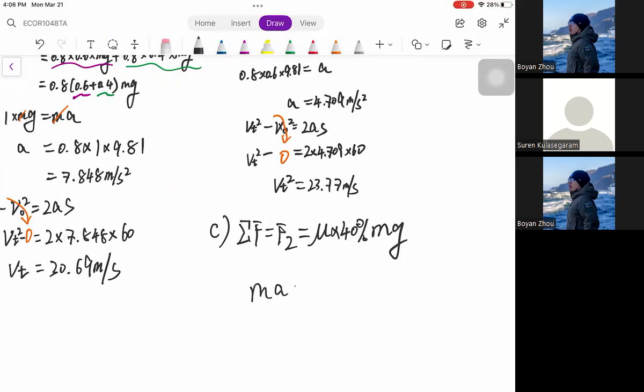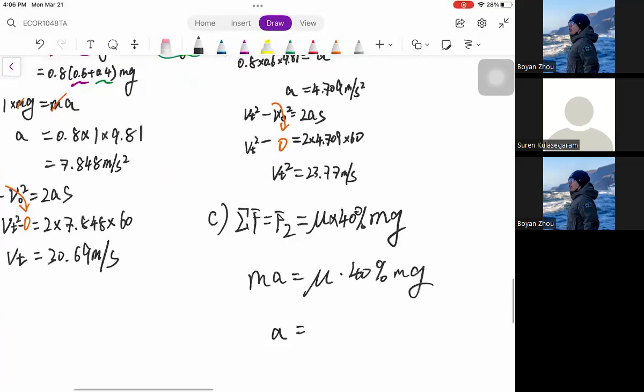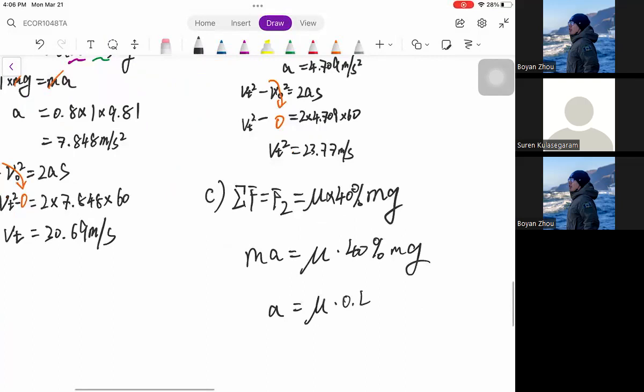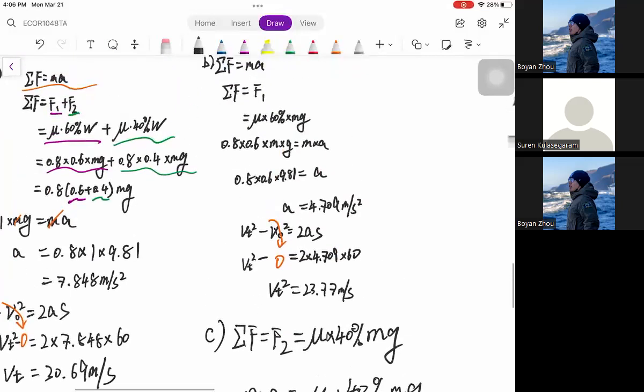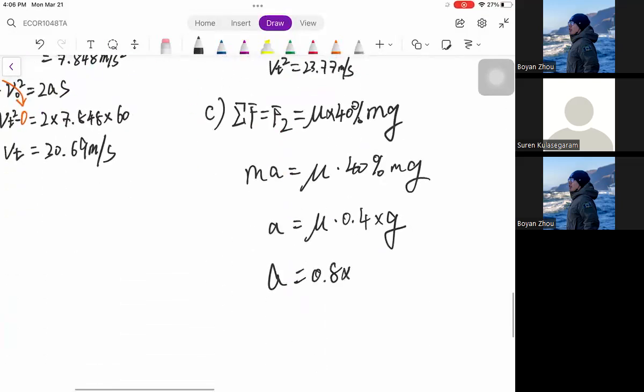So ma equals mu times 40% of the weight. The acceleration is equal to mu times 0.4 times gravity. What is mu? 0.8 times 0.4 times 9.81. And the acceleration in this case is going to be equal to 3.139 meters per second squared.